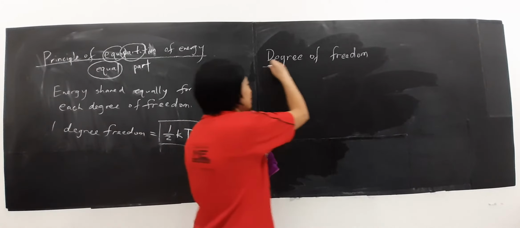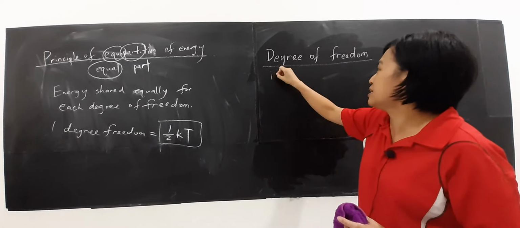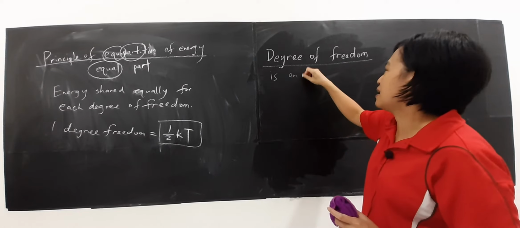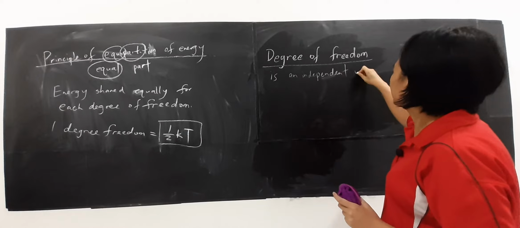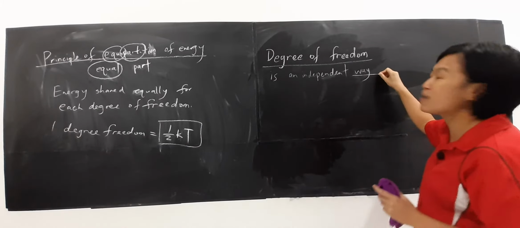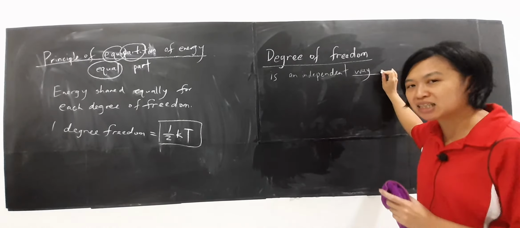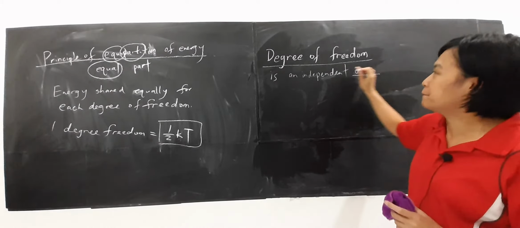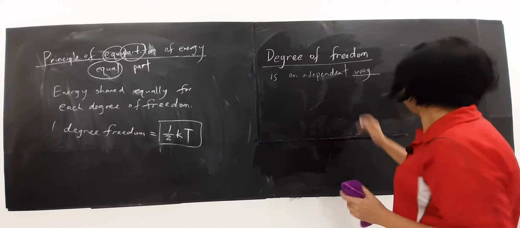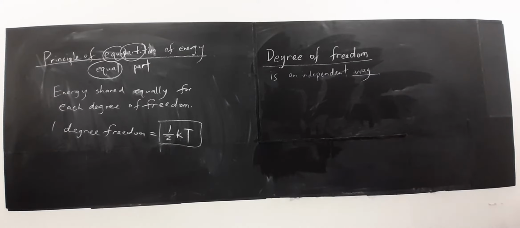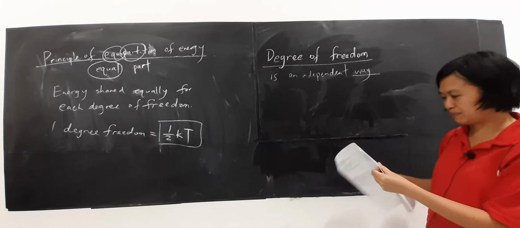It's actually an independent way. Keyword di sini adalah way ni. Maksudnya cara. Definition dia something like this.